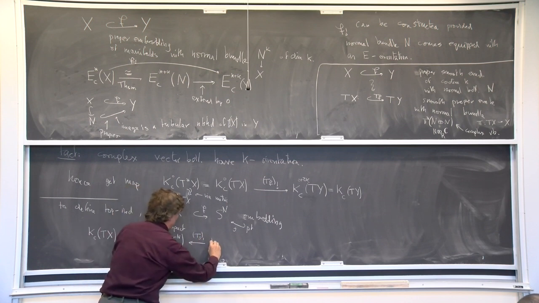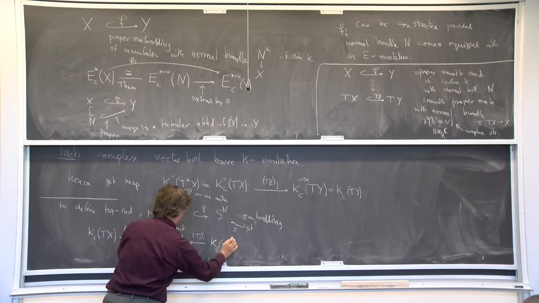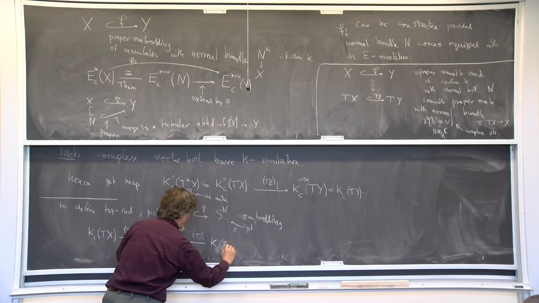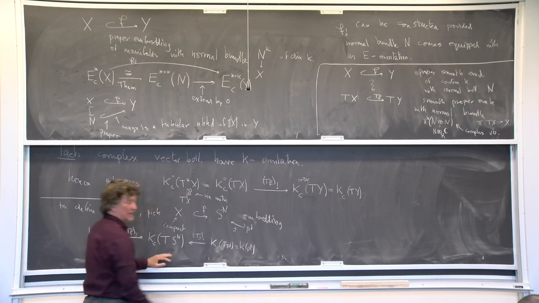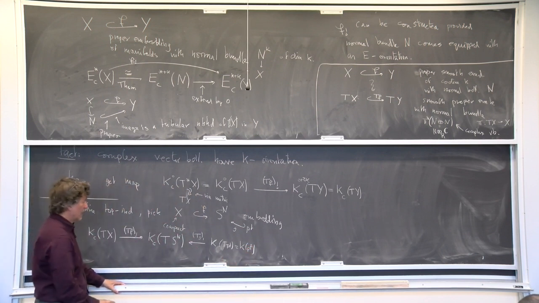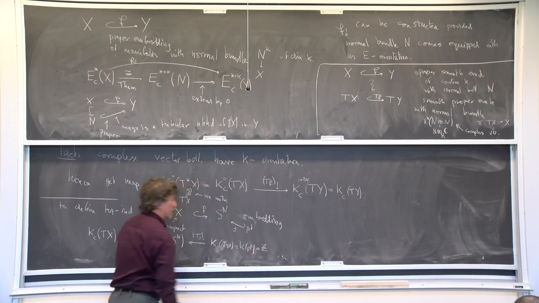That gives me a map from the K-theory of the tangent space of a point. It's all a little bit of an overkill here, but the tangent space of a point is a point again, right? Now, this group is Z, the K-theory of a point.